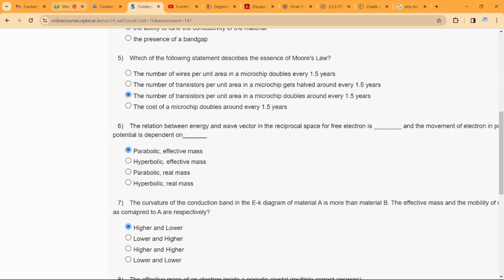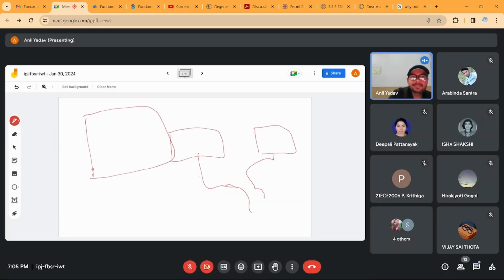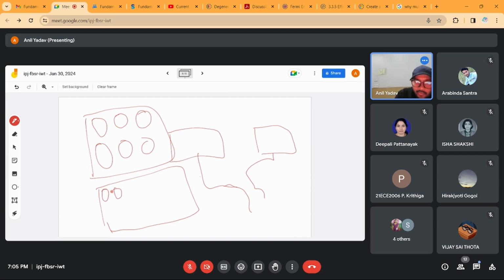And the number of transistors per unit area in the microchip doubles. Yes. So this was the size of the chip. Initially there were some transistors in it, and only 6 transistors could fit. Now the technology comes, so we can fit more transistors.